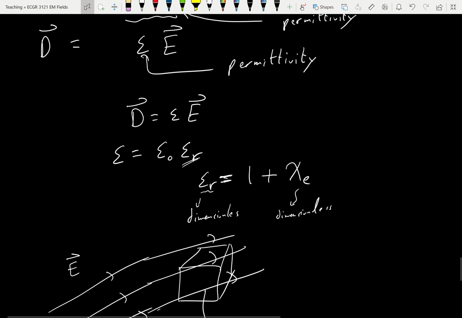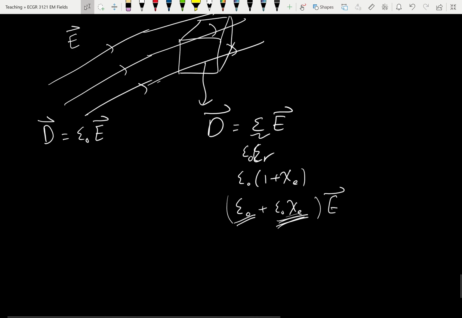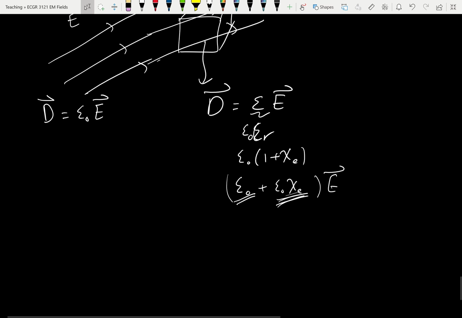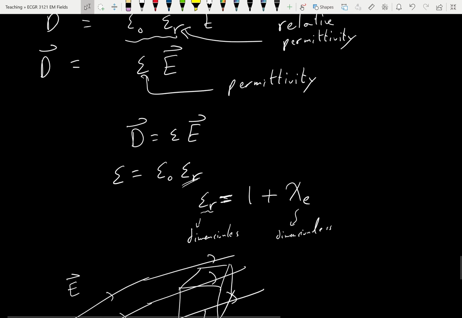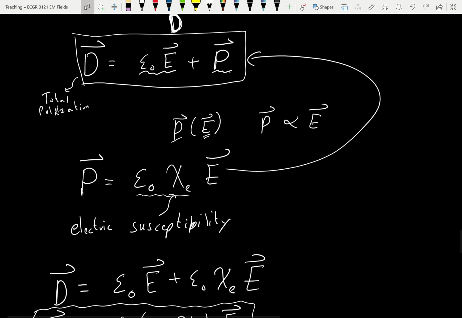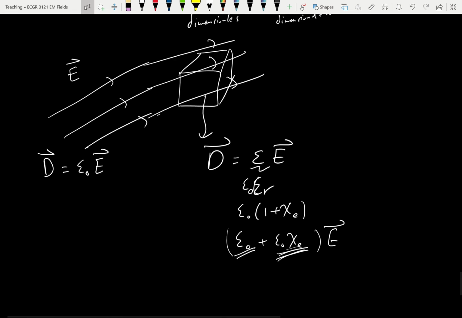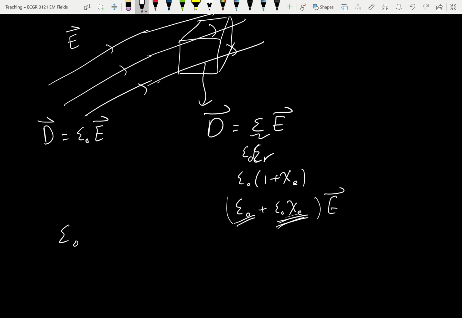There are some other small things we need to describe, but yeah, this is it for now. Oh, by the way, epsilon naught is the permittivity for empty space, but it's not the permittivity for air.